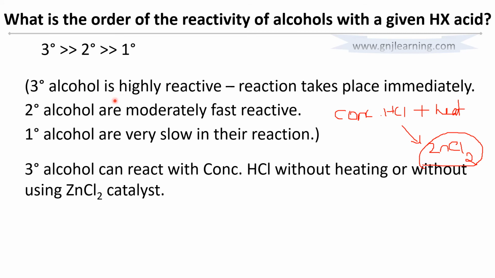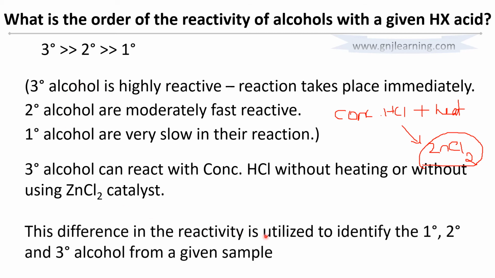Now this difference in the reactivity is utilized to identify primary, secondary, and tertiary alcohol from a given sample. Tertiary is highly reactive, secondary is moderately reactive, and primary is least reactive.